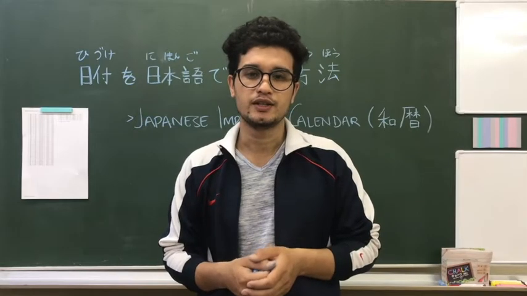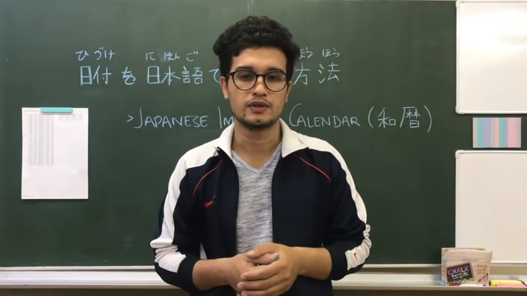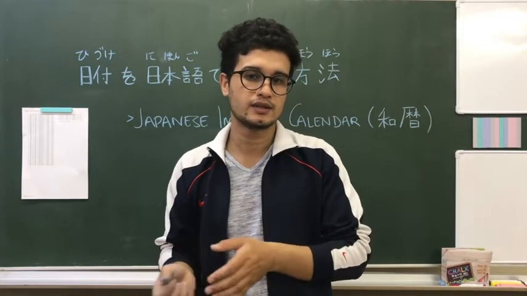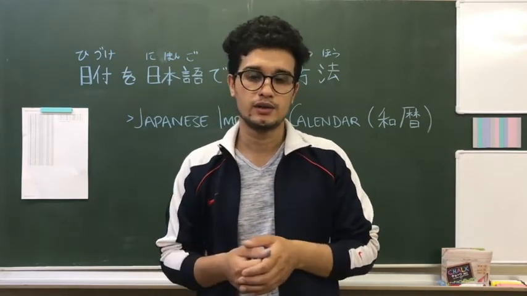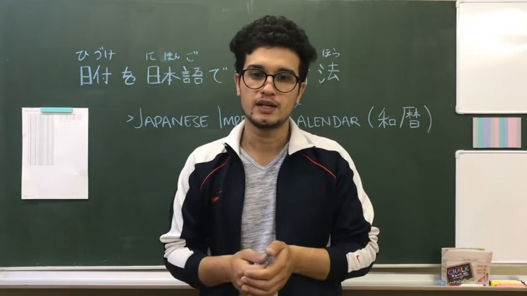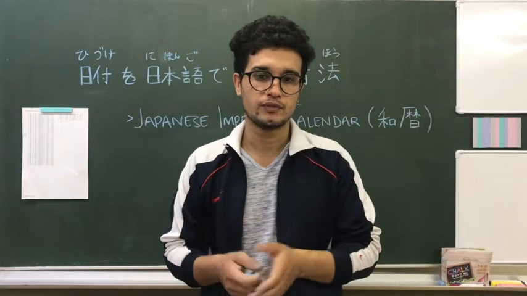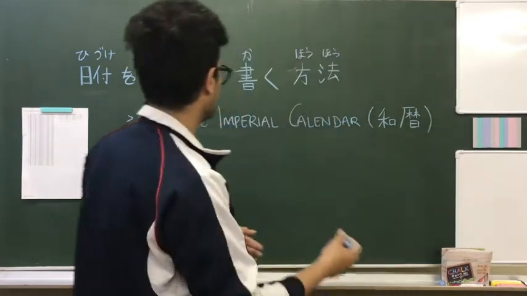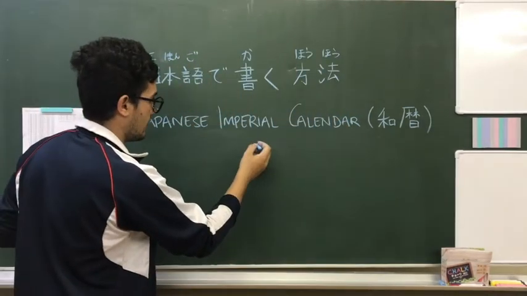The Japanese Imperial Calendar is based on the tenure of a certain emperor, and the calendar changes whenever a new emperor ascends the throne. The new Japanese calendar is given a certain name, or era name. For example, the current Japanese Imperial Calendar is Reiwa.